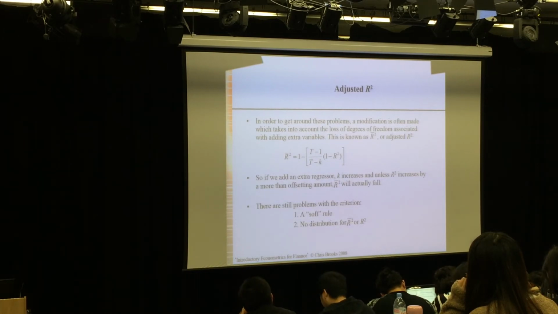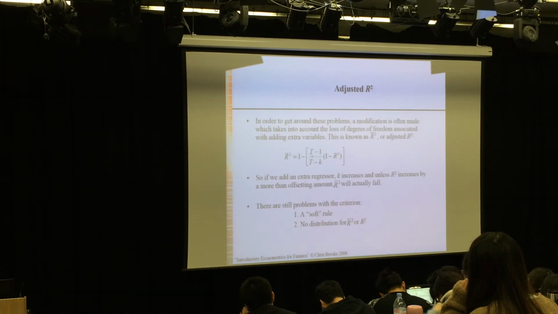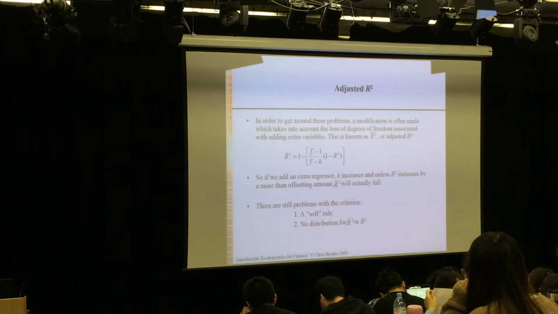That stops you from adding variables that aren't really strong factors just to overfit. And that's an adjusted R-squared. This is the equation for it here. It also scales by the size of the sample. The bigger the sample is, the less likely you are to be overfitting something. It's harder to fit something to a large sample.